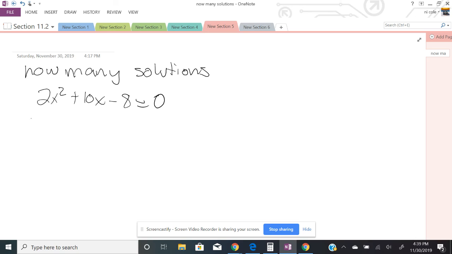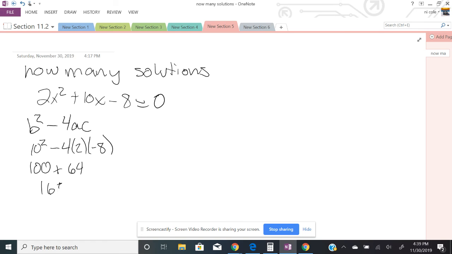So here, and that should say equal to 0. How many solutions? All I need to worry about is b squared minus 4ac. So b is 10, squared, minus 4 times 2 times negative 8. That's 100 plus 64, so that's 164. That means we have 2 real solutions.